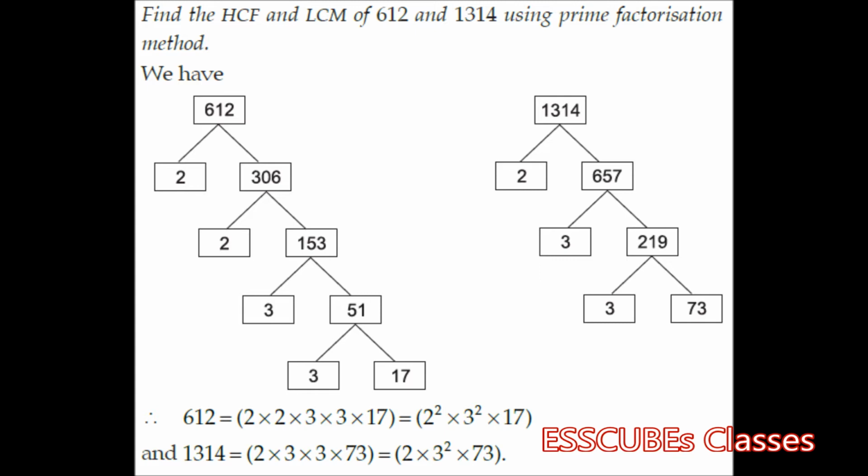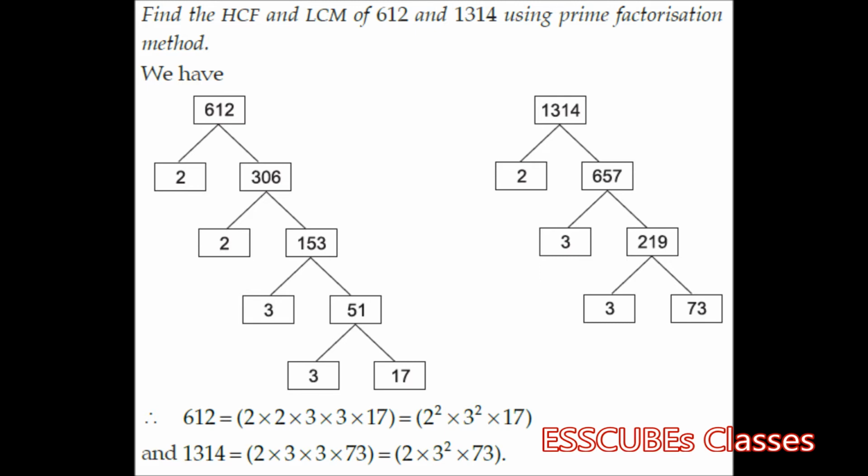So 612 has the factors 2, 2, 3, 3 and 17. That simply means 2 square into 3 square into 17. Similarly, for 1314, we get the factors 2 into 3 cube into 73.